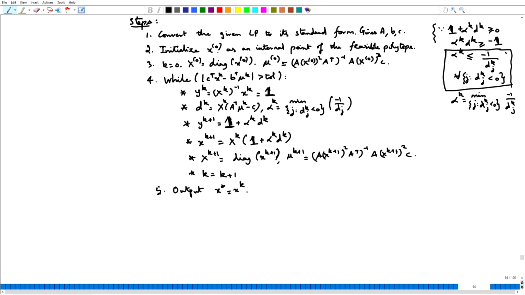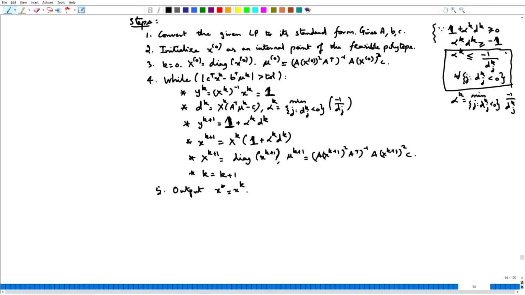Since it is an interior point method, we are initializing x 0 as an interior point of the feasible polytope. You might ask if there is a problem if we take a boundary point, or let us say a vertex, for instance.